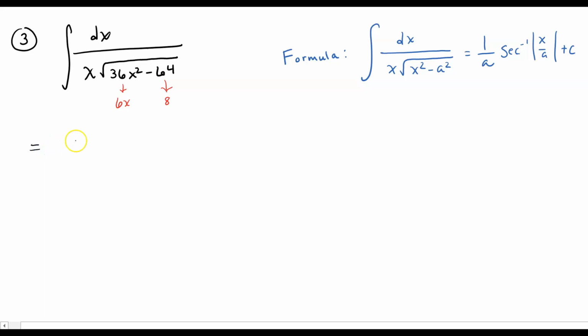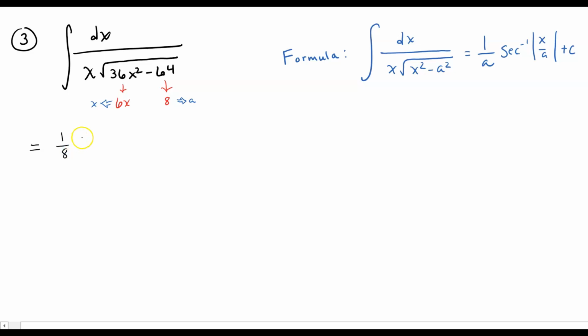All right, so the formula says 1 over a. Let's recall that this right here was our a, and this right here corresponds to our x. So 1 over a in this case is going to be 1 over 8.